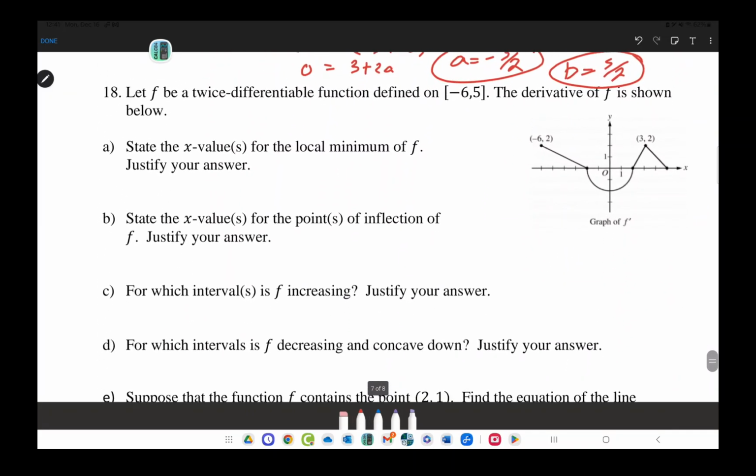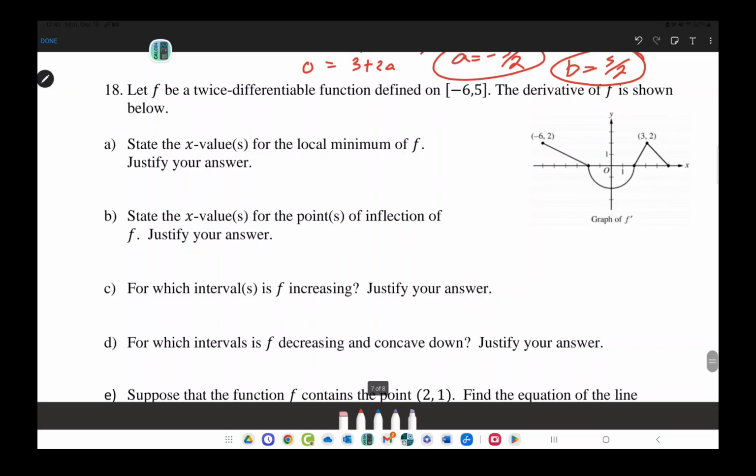All right, this is the one I do want to focus a lot of time on. State the x values for the local minimum, justify your answer. State the x values for the point of inflection, justify your answer.